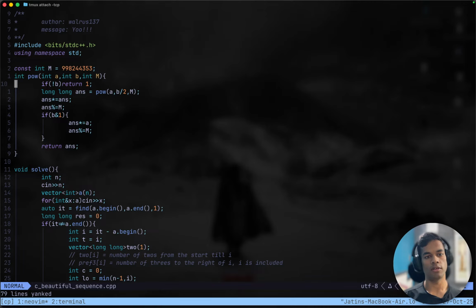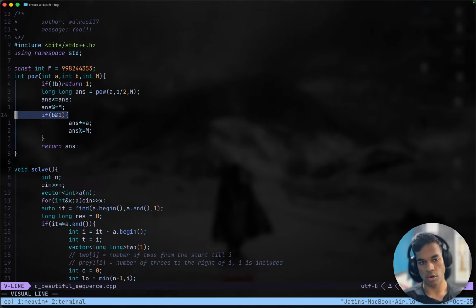If p equals 0, then return 1, since a power 0 is equal to 1. Otherwise, answer equals a raised to the power of b by 2. And when we get the answer, we do answer multiplied by answer and take modulus with m.